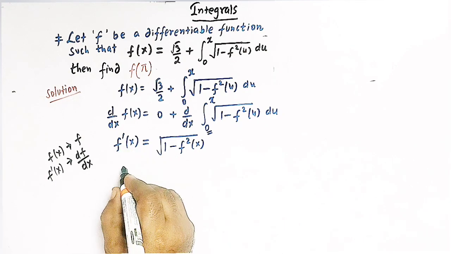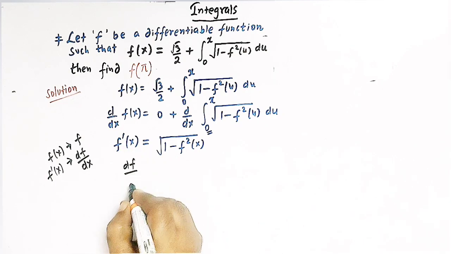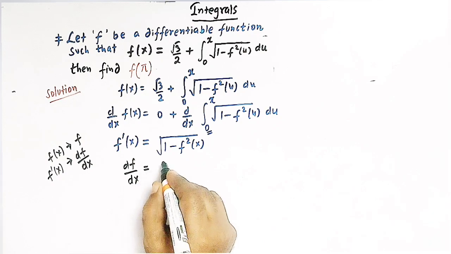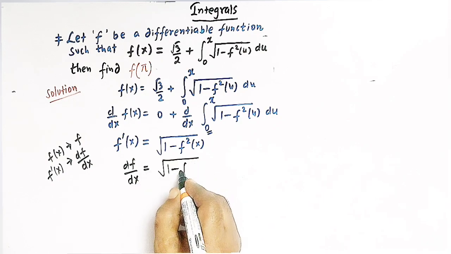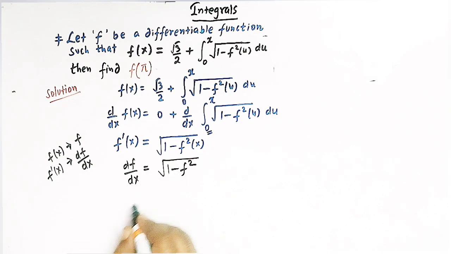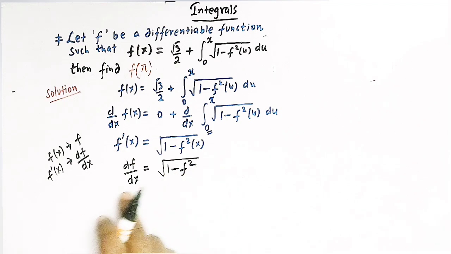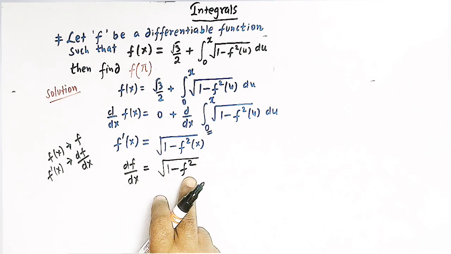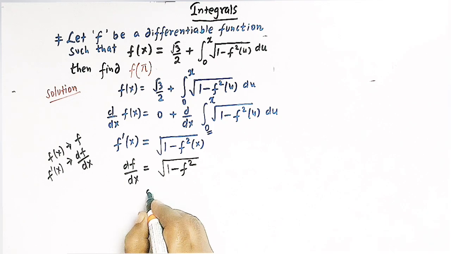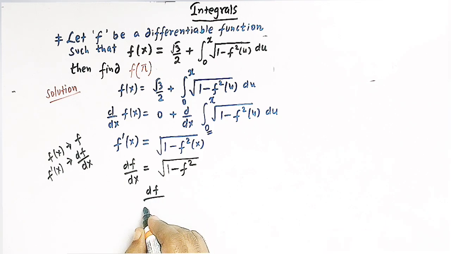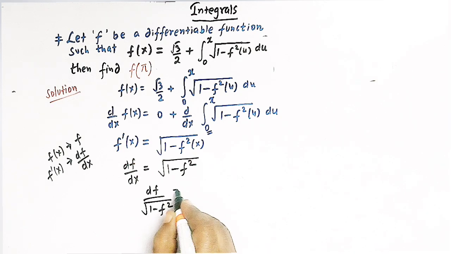So f prime of x can be written as df over dx, and here we have square root of 1 minus f square, right? So separating the variables, because this differential equation is in variable separable form, we can separate the variables. So we have df over square root of 1 minus f square, and here we have dx.